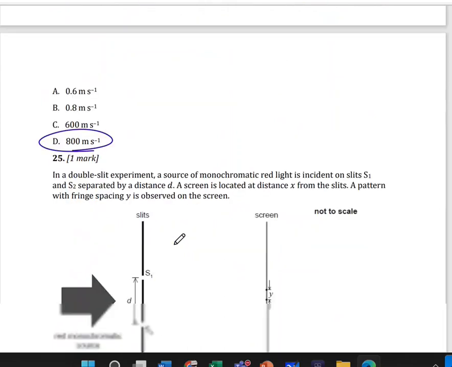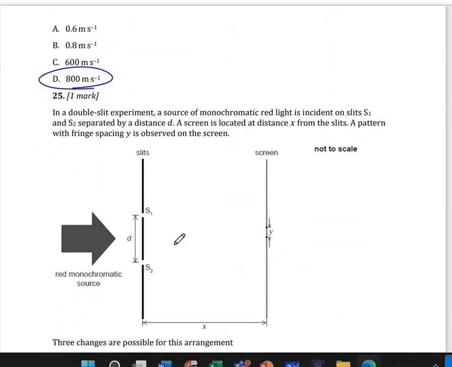Okay, now next question. We have a double slit experiment. A source of monochromatic light. Monochromatic means one light with the same frequency. So we have red light incident on slits S1 and S2. So here we have a double slit. The distance between them is small d.